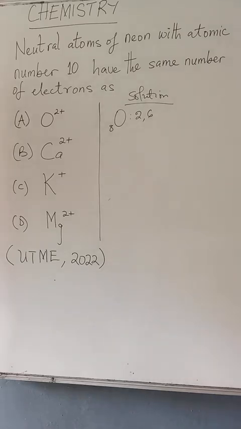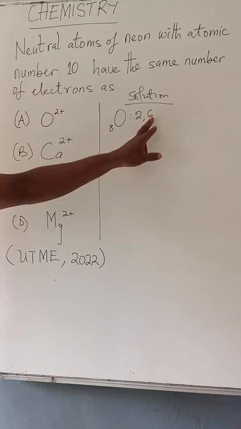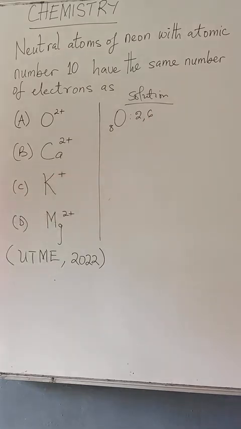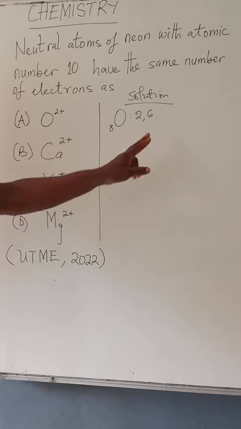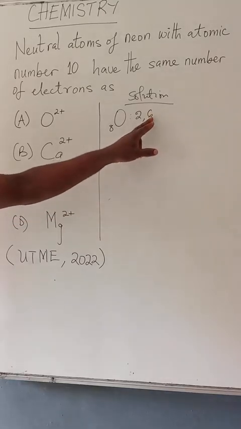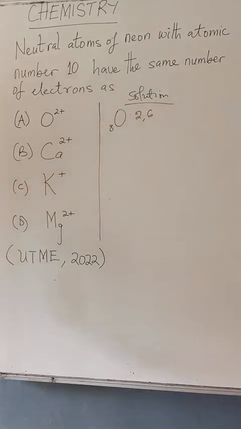Remember, your chemistry teacher must have taught you that when an element has more electrons in its outermost shell, that element is likely a non-metal. How many electrons does oxygen have in its outermost shell? 6. Therefore, oxygen is likely a non-metal.